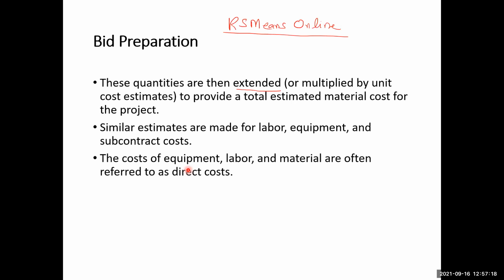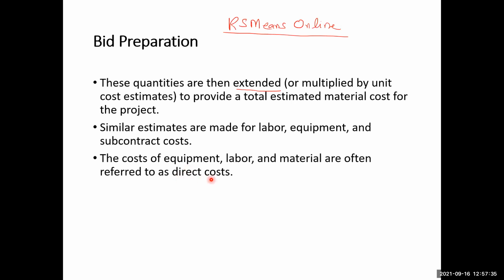So their costs and the materials cost and the equipment cost, whether it is a rental equipment or it is a purchased equipment, their owning and operating costs, these costs are referred to as the direct costs.